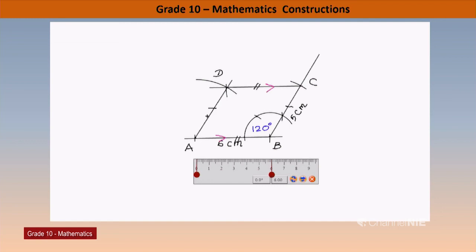Opposite sides are parallel. Remember to mark that opposite sides are parallel. So, that is the parallelogram. It is a quadrilateral whose opposite sides are parallel, opposite sides are equal.